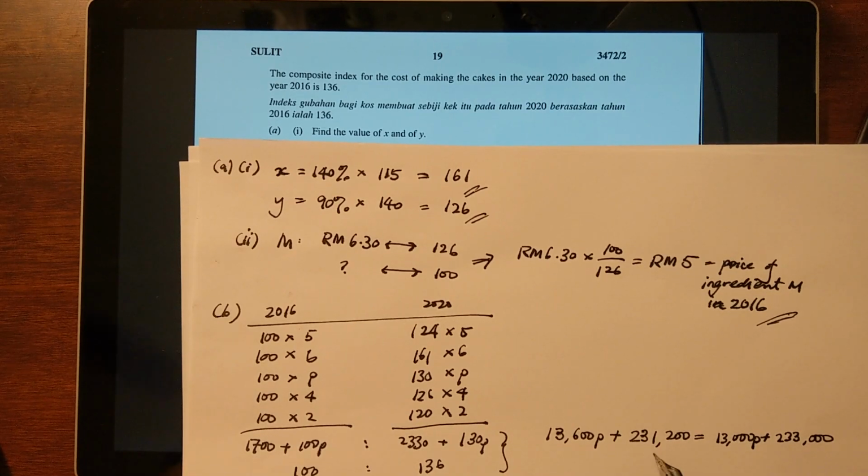Right? Simplifying all that gives you 8,800 equal to 600p, and obviously p is equal to 3. Done.